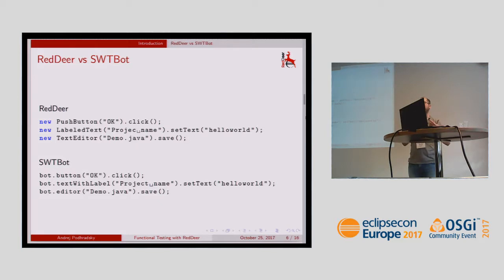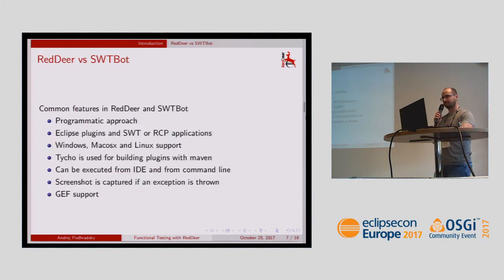And some of the guys from my team also contributed to SWTBot. But as time went on, RedDeer became a standalone framework so that we could remove all SWTBot dependencies, and we can become completely standalone.